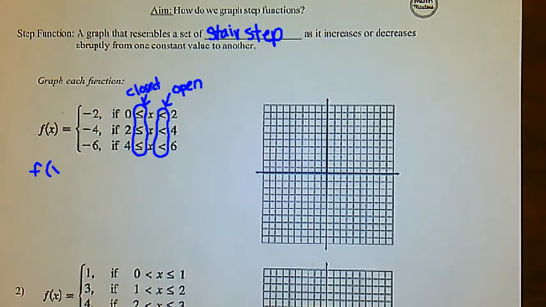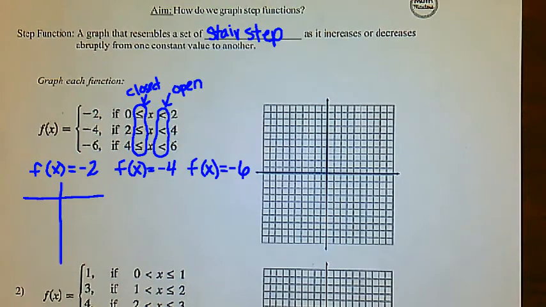Okay, so we have f of x is equal to -2, f of x is equal to -4, and f of x is equal to -6. So these are all going to be perfect horizontal lines.